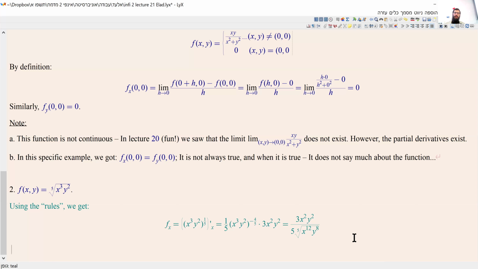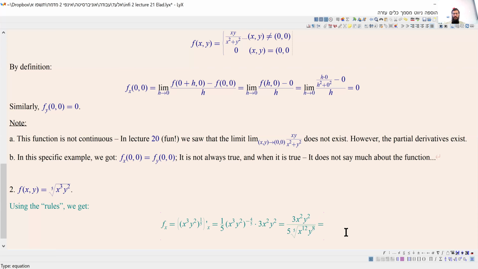Now, we do have x to the power of 2 here, which is x to the power of 10 inside the root. So we are left with x squared in the denominator. And of course, the y can be taken care of as well.